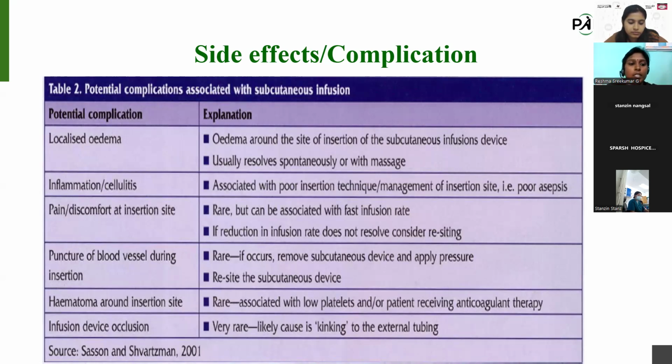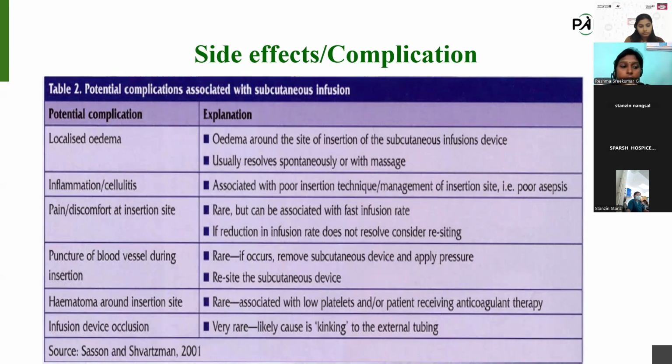The patient may experience edema around the site of insertion of the subcutaneous infusion, and it usually resolves spontaneously with massage. If we notice edema over the infusion site, just give a gentle massage on that area. It will resolve spontaneously.